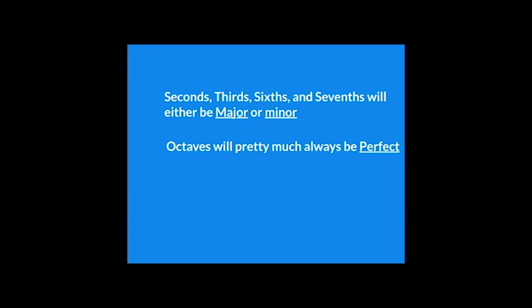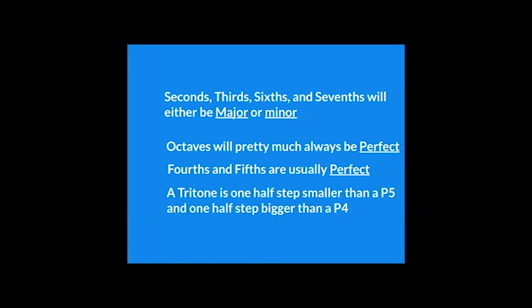Octaves, which are the same thing as eighths, will pretty much always be perfect. Fourths and fifths are usually perfect, but there's a sneaky interval in between a perfect fourth and a perfect fifth that's called a tritone. And a tritone is 1 half step smaller than a perfect fifth and 1 half step bigger than a perfect fourth.